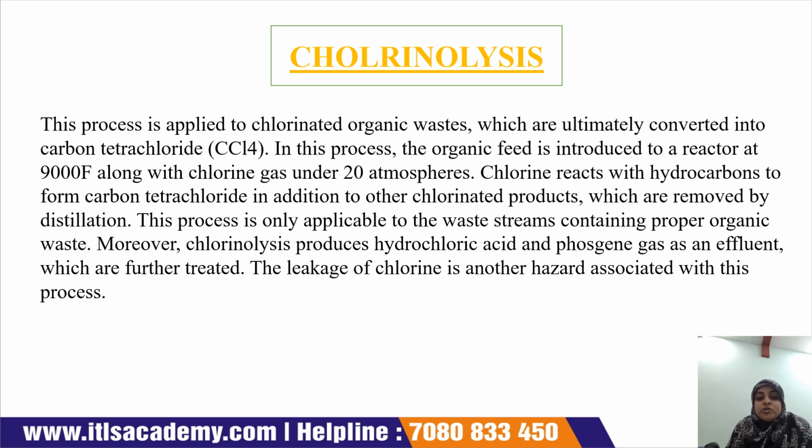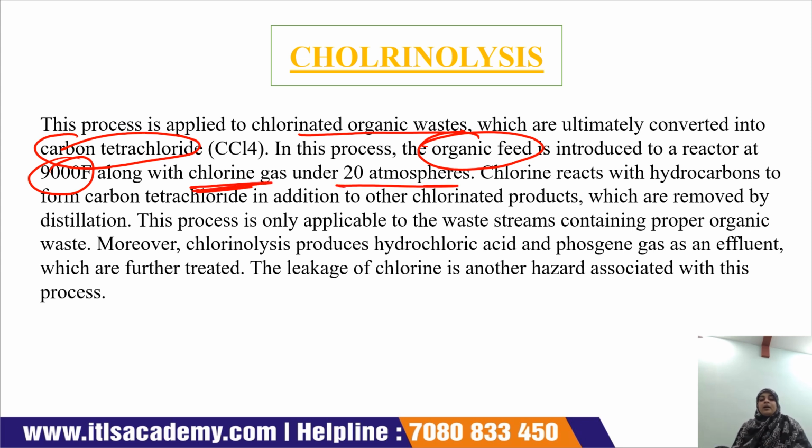chlorinolysis. This process is used for chlorinated organic waste, which is ultimately converted into carbon tetrachloride. In this process, the organic waste is fed into a reactor in which the temperature is around 900 degrees Fahrenheit, and chlorine gas is also present at 20 atmospheres.